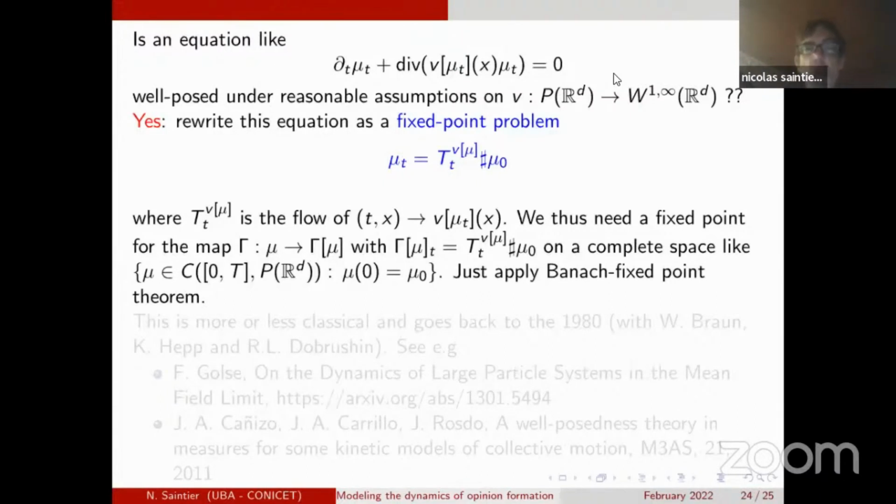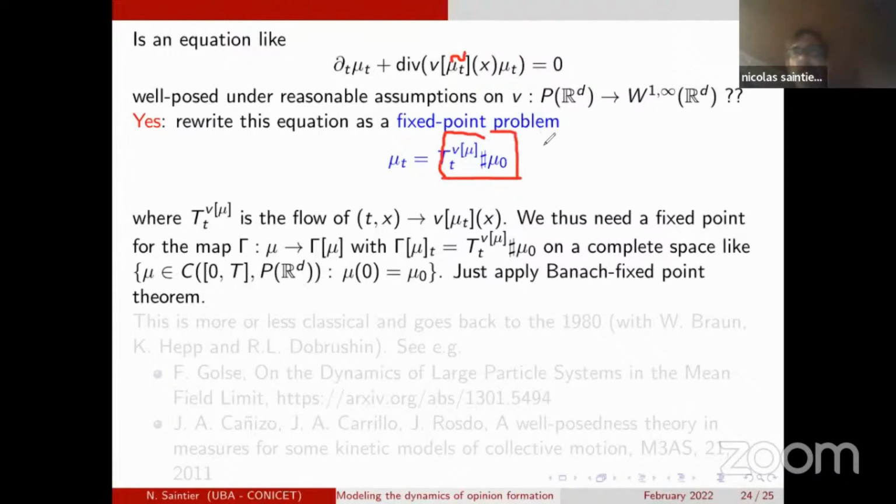You only have to rewrite the equation as a fixed point problem, right? Because it's very easy: imagine you fix the mu here, only the one inside V. Imagine this mu is fixed. Then you can solve the equation. It's this one. We know how to solve that.